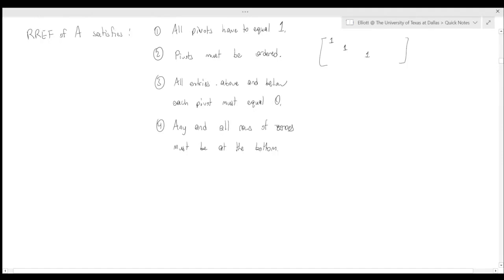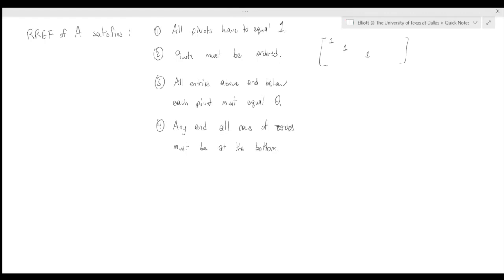So normally we only get zeros below the pivots, but for the reduced echelon form, we also want to get zeros above all of the pivots. And then we also want to make sure all the pivots are equal to 1. So if you get a pivot that's not equal to 1, you would need to divide that row by the pivot in order to make the pivot equal to 1, okay?